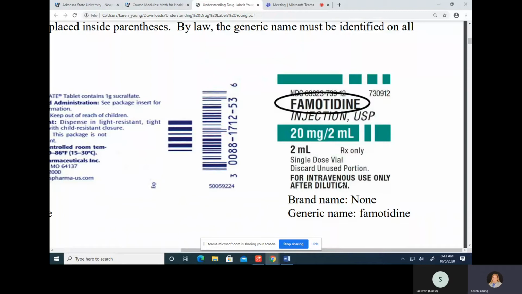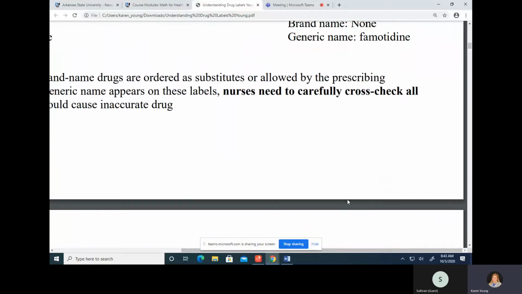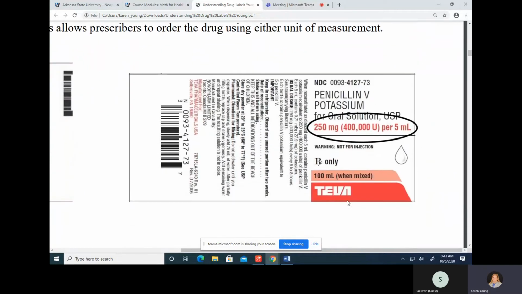Notice this says for intravenous use only. So I can't give it as an IM. I can't give it as anything but through the IV. So some of your medications will say that. This is penicillin V potassium oral solution. So this is telling me my route.